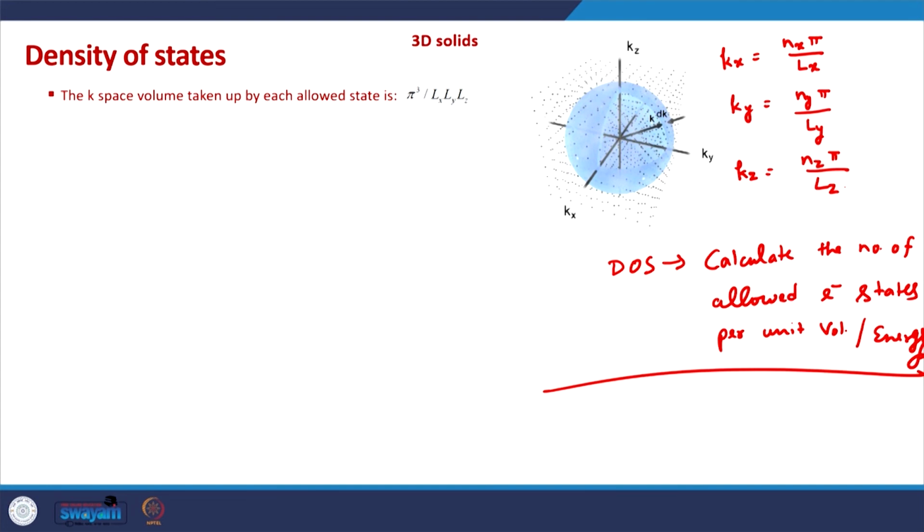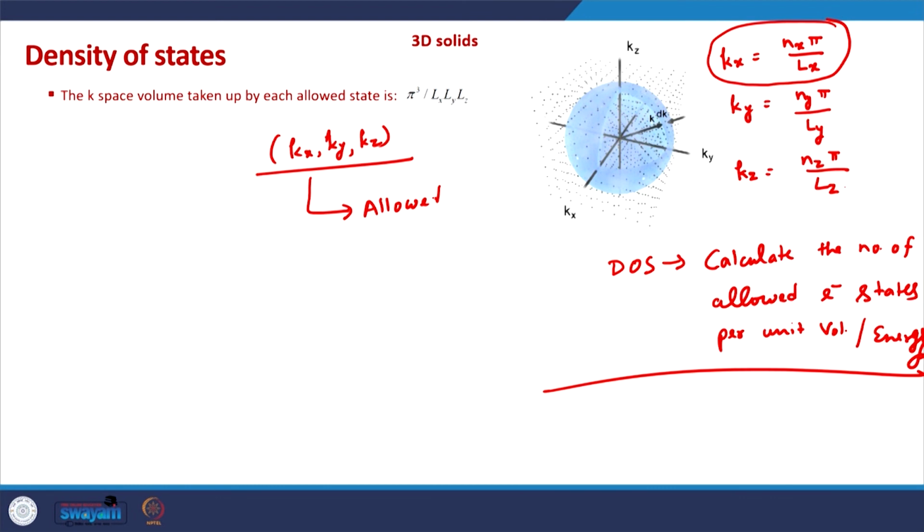Essentially we need to calculate the number of allowed electronic states in the device. In order to do that, as you can see from here, an allowed combination of kx, ky, kz gives us an allowed electronic wave function.